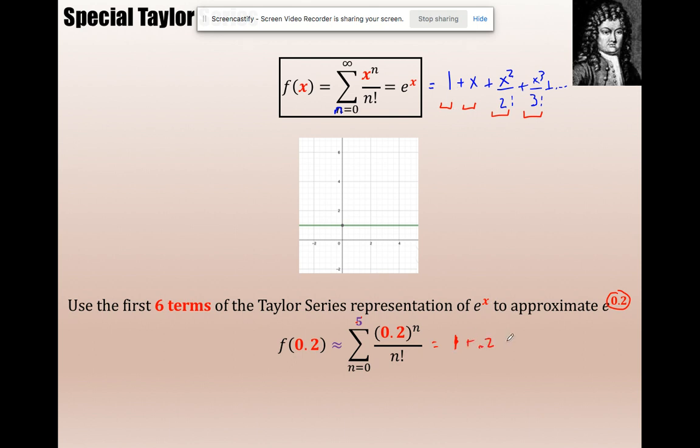Plus 0.2 plus 0.2 squared over 2 factorial, which is just 2, plus 0.2 cubed over 3 factorial. That's 1, 2, 3, 4, 5, 6 terms, and my n stopped when it was 5, right?